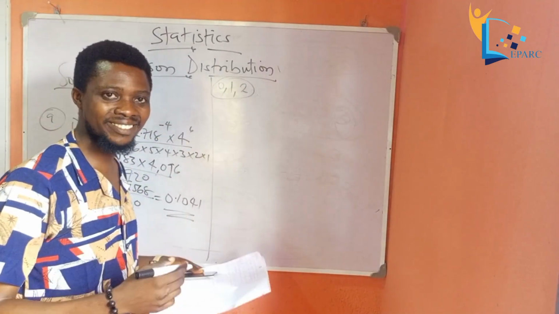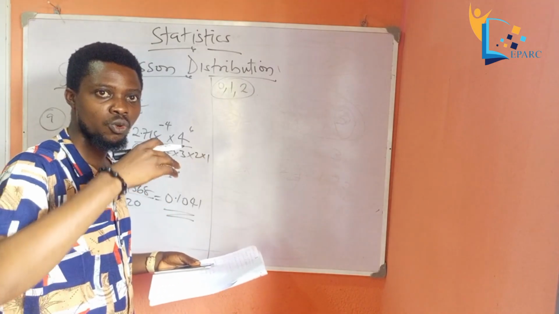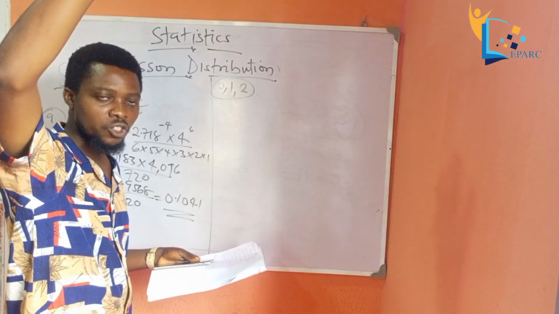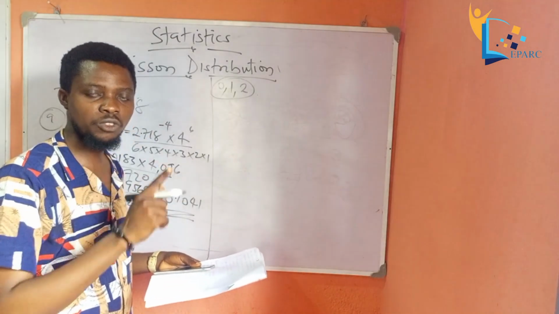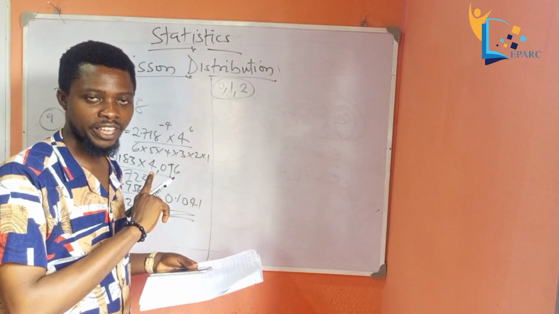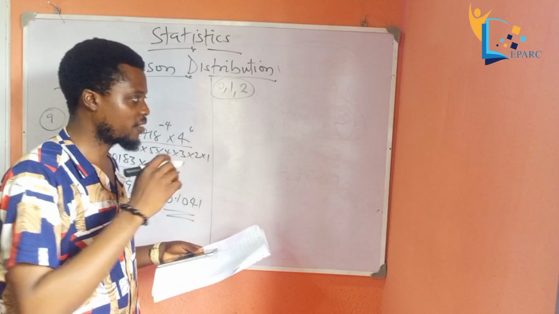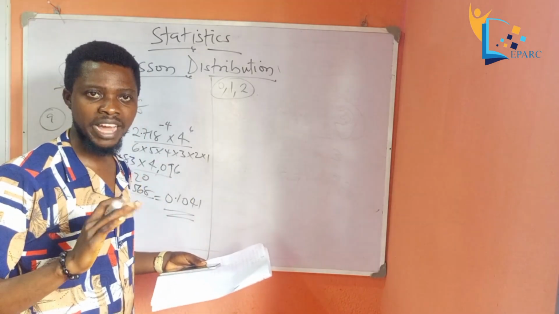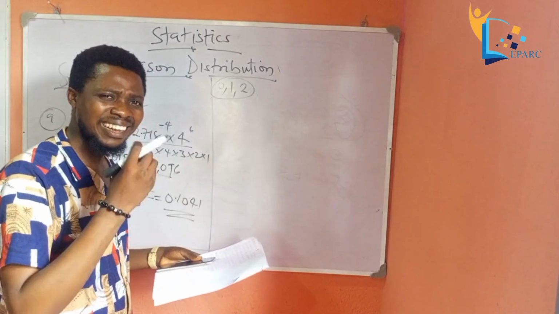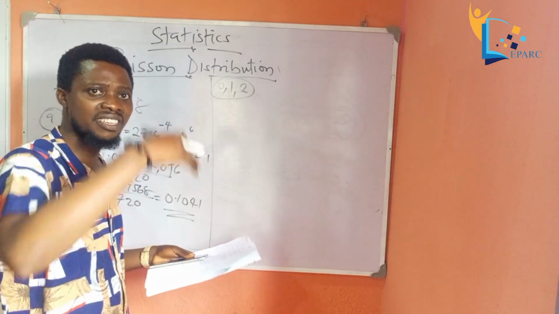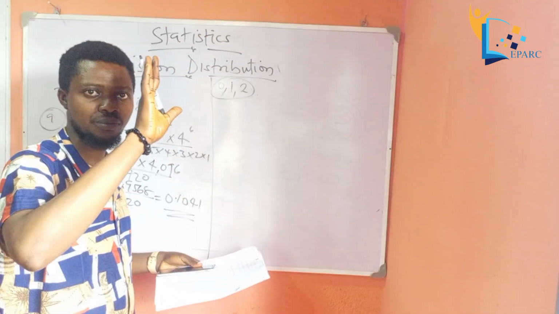When you say at least, it means from 2 upwards. When you say at most, it's from 2 downward. This is what I was trying to explain previously. If I say at most 5, what do I mean? I mean 0, 1, 2, 3, 4, 5. If I say at least 5, it's 5, 6, 7, 8, till infinity.